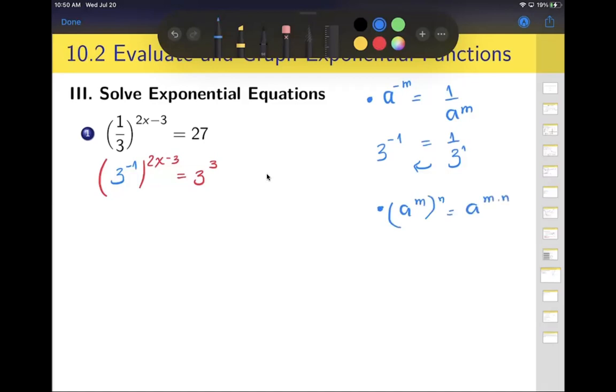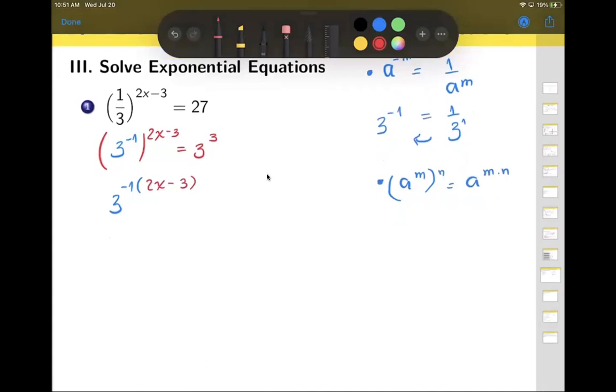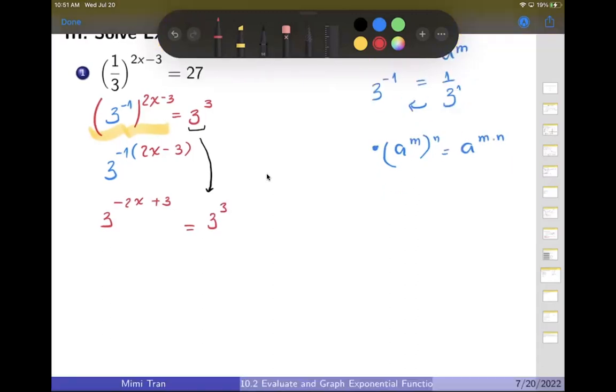So same thing here, it's going to be 3 to the -1 times 2x minus 3, and that equals 3 to the -2x plus 3. Then bring this down here, equal 3 cubed. Now we have the same base, 3 and 3.